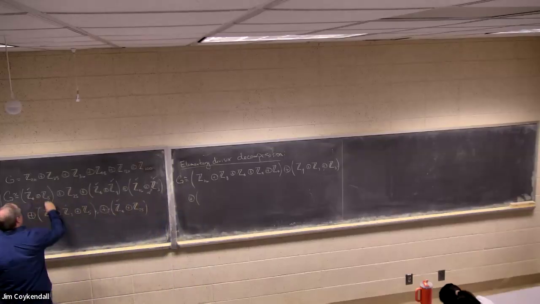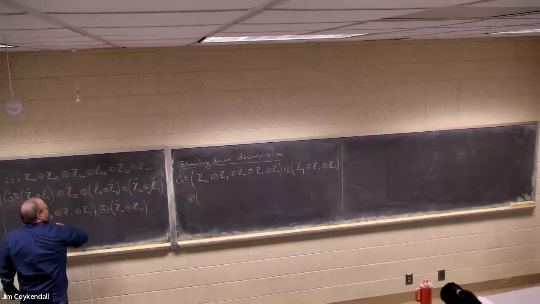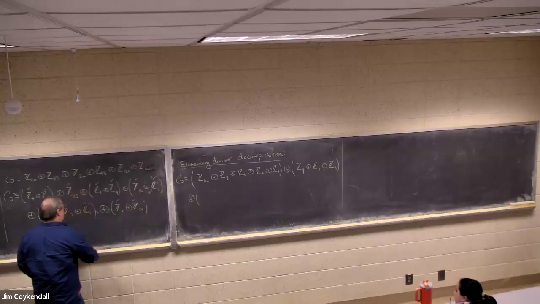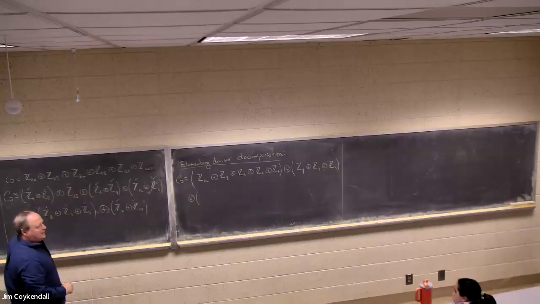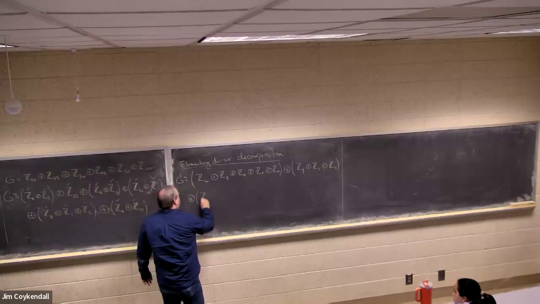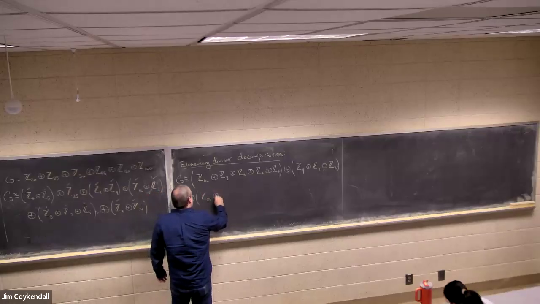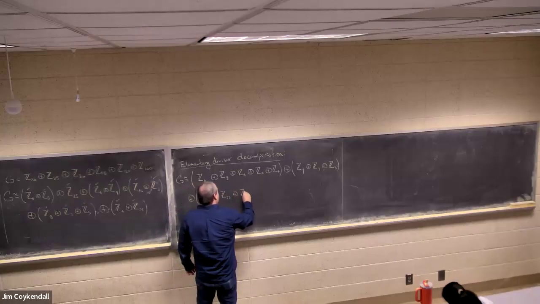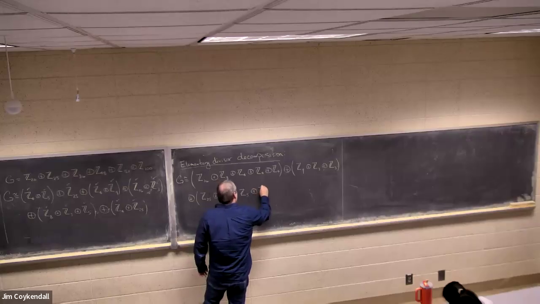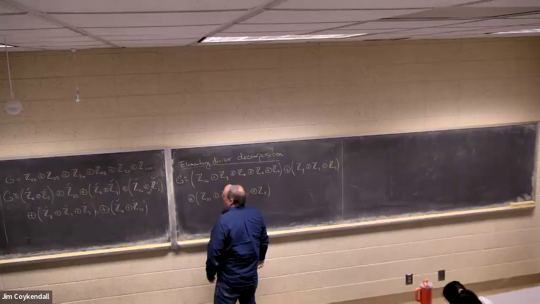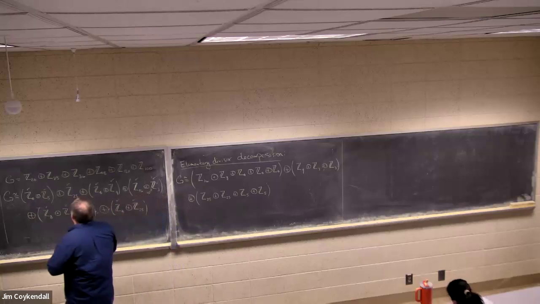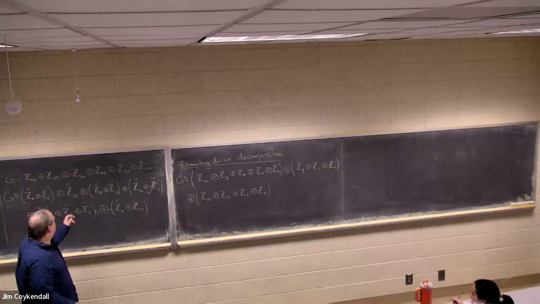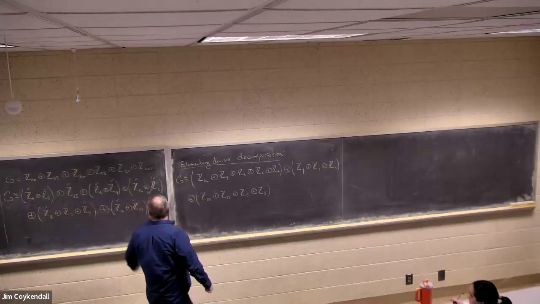Here's what I've got: a 5, 25, 5, and then 25. So it looks like you've got two 25s and two 5s. And it looks to me like I'm out of 5s, right?